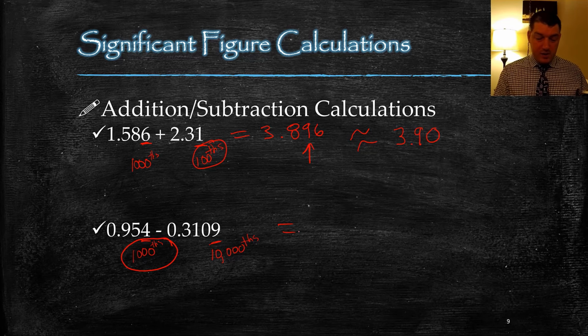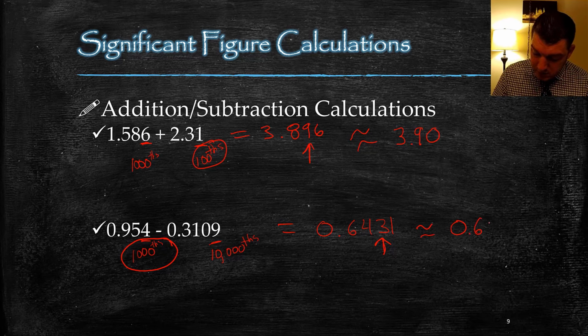First we compute the answer. 0.6431. That's the complete answer, and then we see that we go to the thousandths: tenths, hundredths, thousandths. So we round it to 3. After the 3 is a 1, 1's less than 5, so we round down. So this will be 0.643. Not about the number of significant figures, it's about the place value of the significant figures.